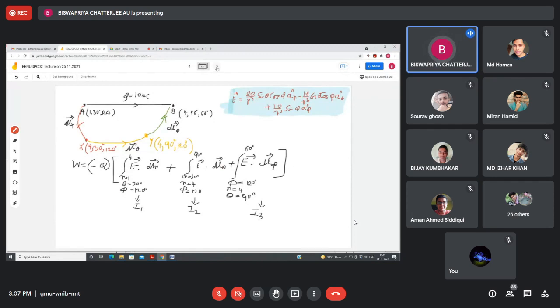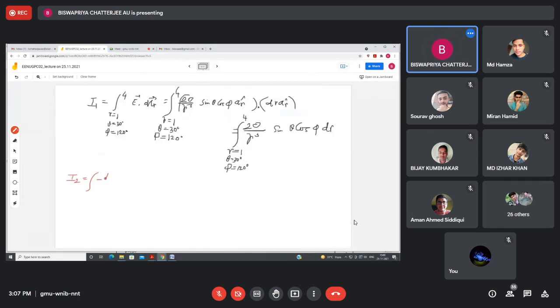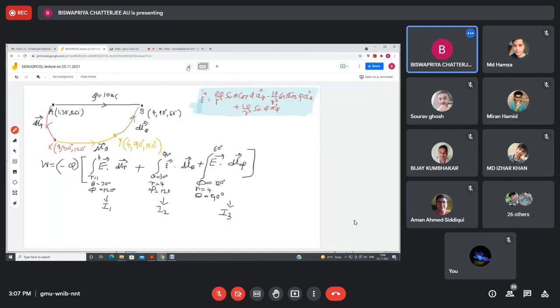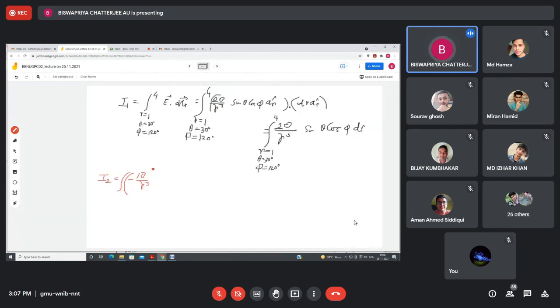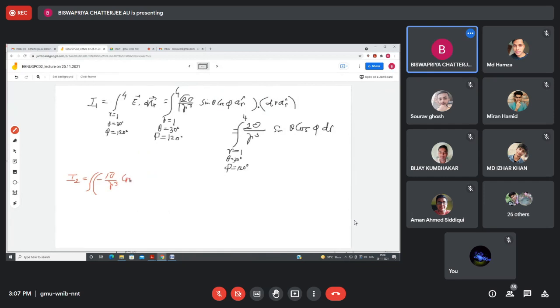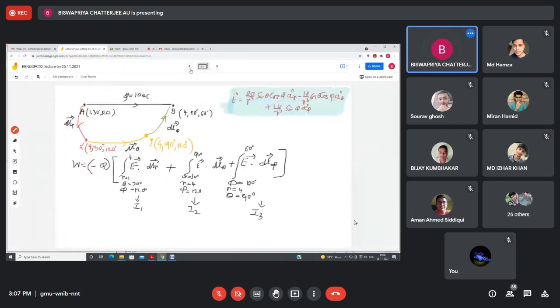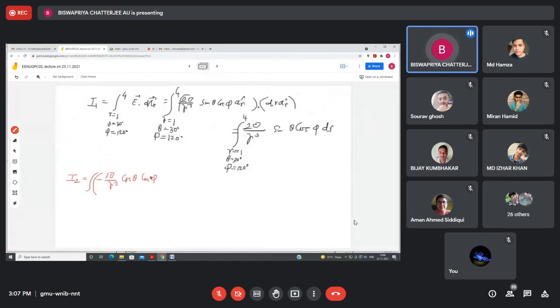So let me write it down directly: minus 10 by r cube cos theta cos phi a theta cap dot.